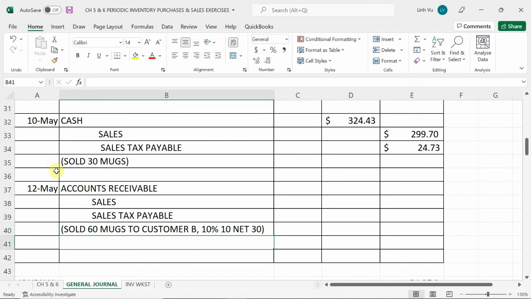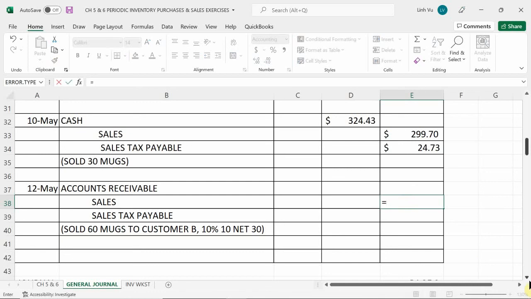So in this case, how much is going to be his total amount of sales if you sold 60 mugs at $9.99? 599.40. Okay? And then how much tax are you going to be charging customer B? 49.45. Okay?